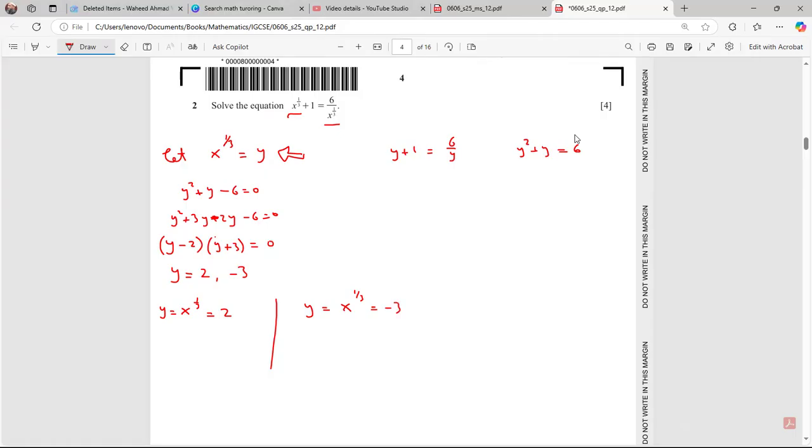From here, if I raise to power 3, x is going to be 2 cubed, which is 8. Or similarly, x is equal to minus 3 cubed, which is minus 27. So both of them are correct answers. You substitute both of them one by one in this equation, and the left side is equal to the right side. So both of them are the right solution.